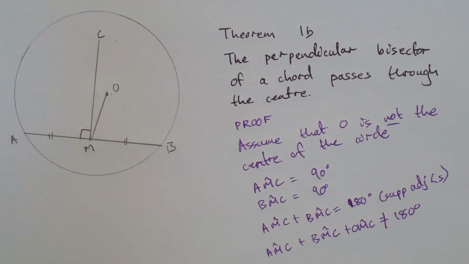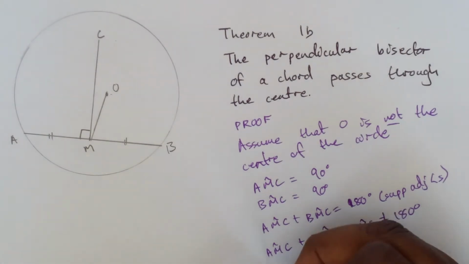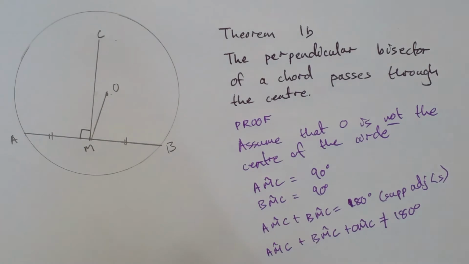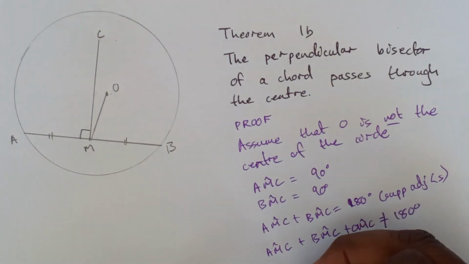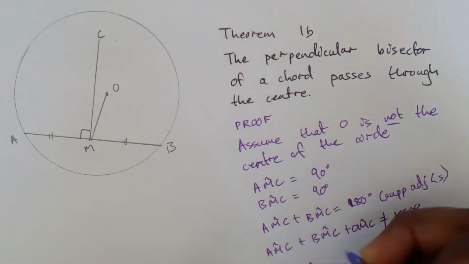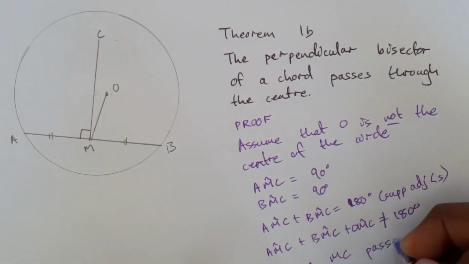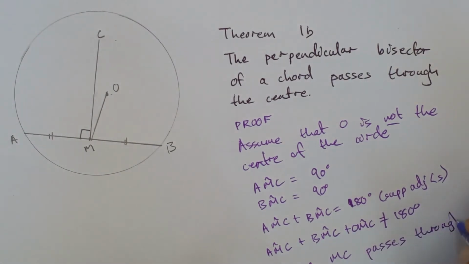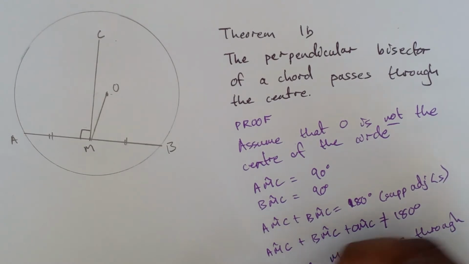Can you do that? No, we can't do that. So this actually forces us to say, therefore, that the line MC passes through the center.